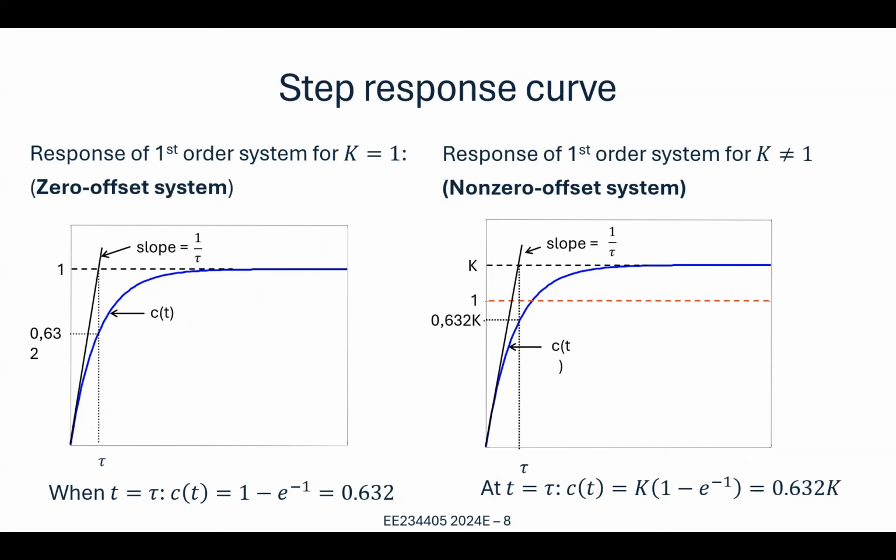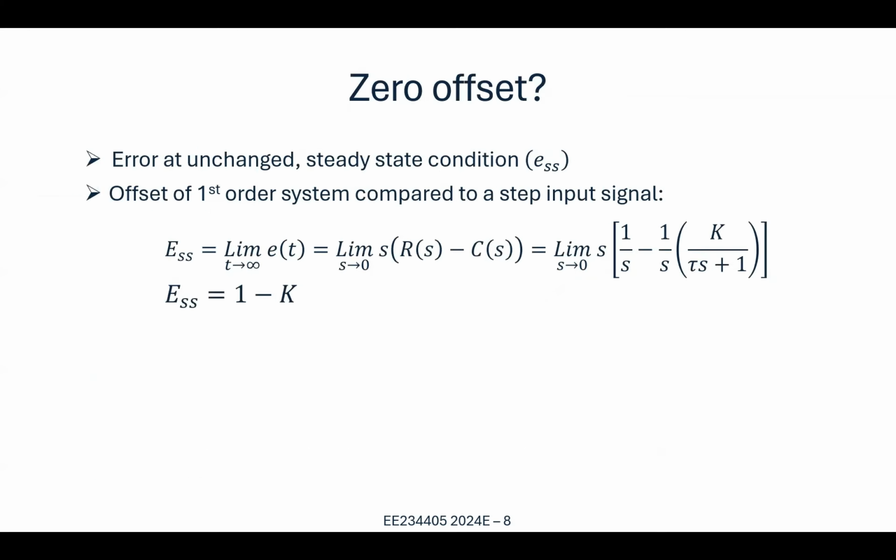If k is 10, then the value at infinite time is 10. If k is 100, then the value at infinite time is also 100. And then we can generalize this by looking at the limit. So this is the final value theorem.